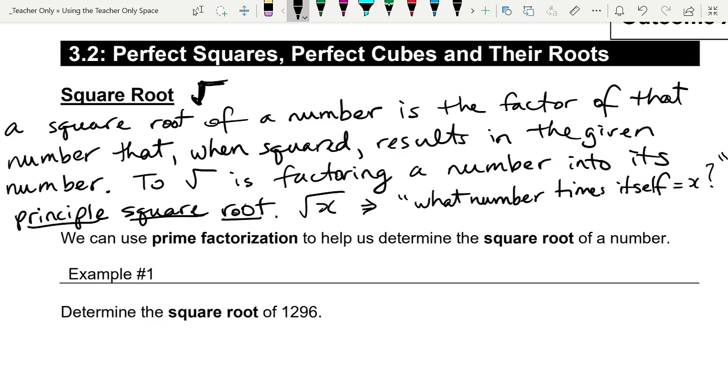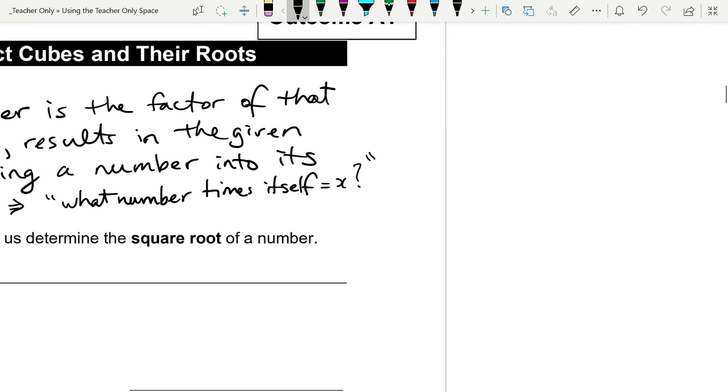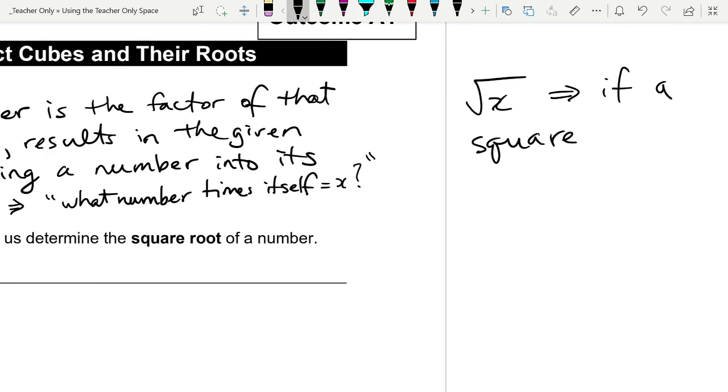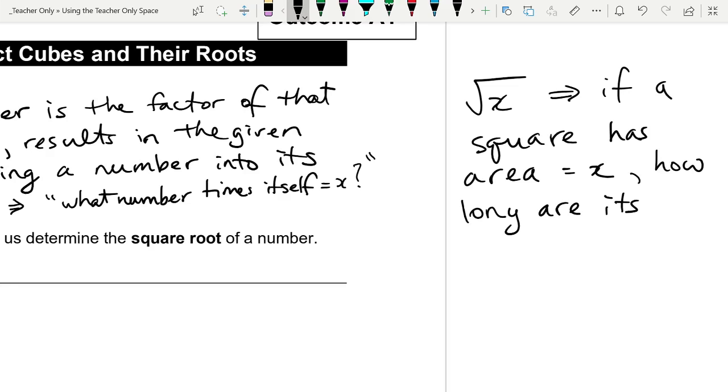There is one more, you don't even have to write this one down, just for your edification. Another question that this asks is, if a square has area of x, how long are its edges?